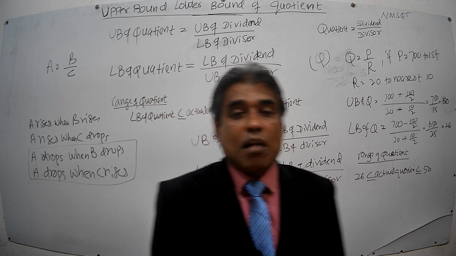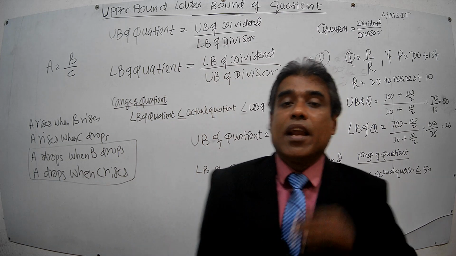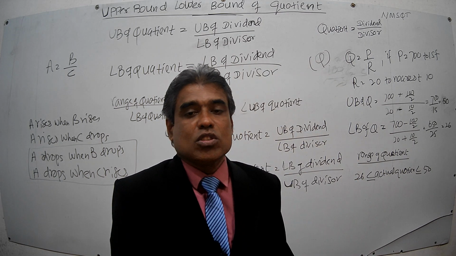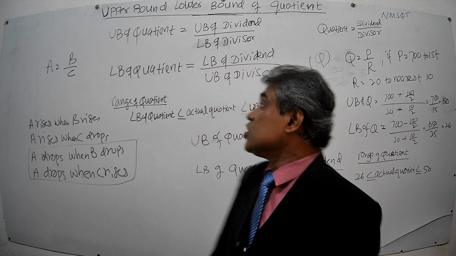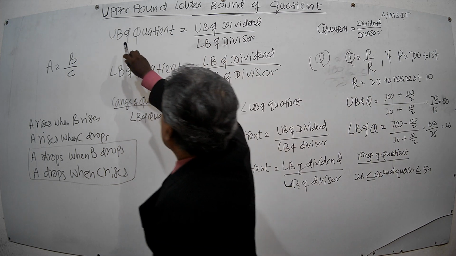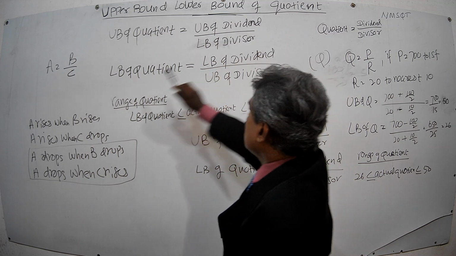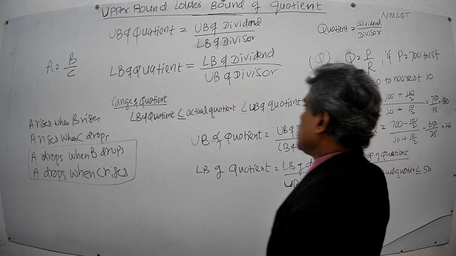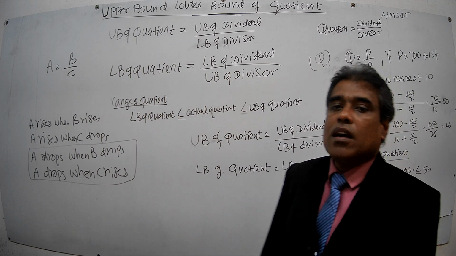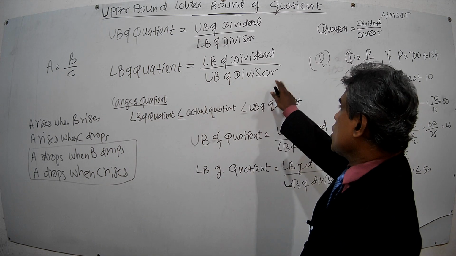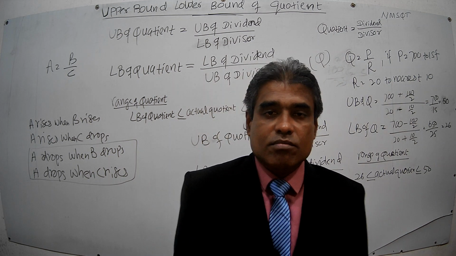You can find the upper bound, the maximum value up to which the quotient varies, and the lower bound, the minimum value, by using this formula: upper bound of quotient equals upper bound of dividend divided by lower bound of divisor. Lower bound of quotient equals lower bound of dividend divided by upper bound of divisor. So this is all about how to find the upper bound and lower bound of a quotient.